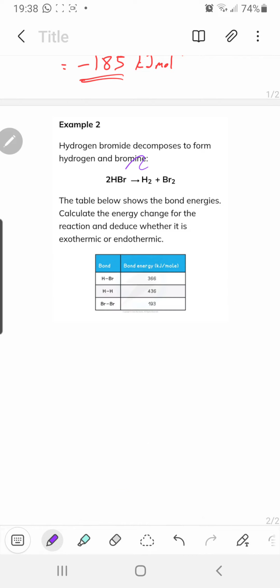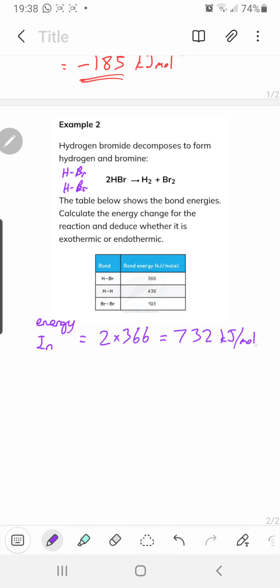So draw a displayed formula. So we have HBr and HBr, because we have two of them. And then, so let me also do this. So energy in equals, so we have two of them, so 2 times 366, that equals 732, right, kilojoules per mole.